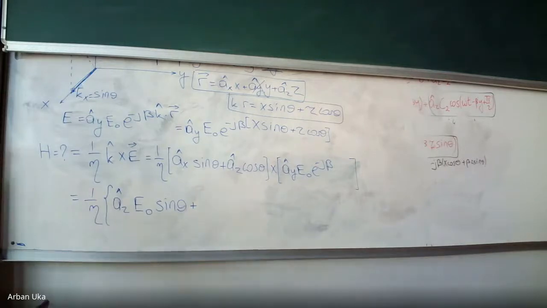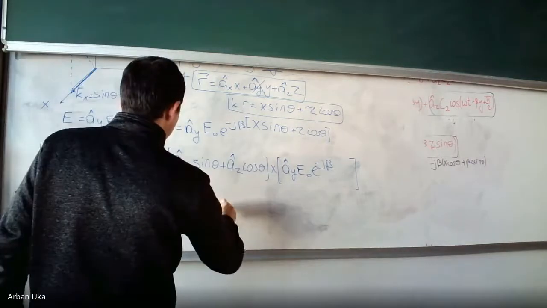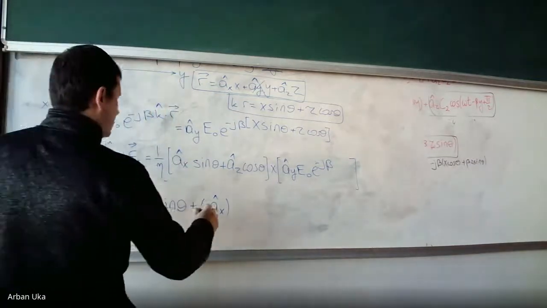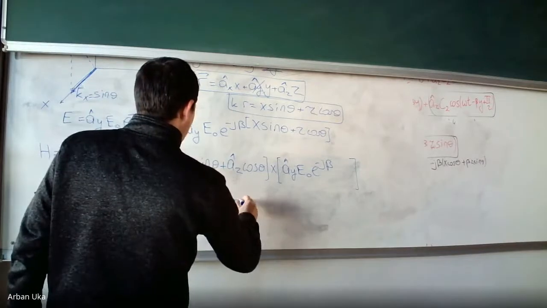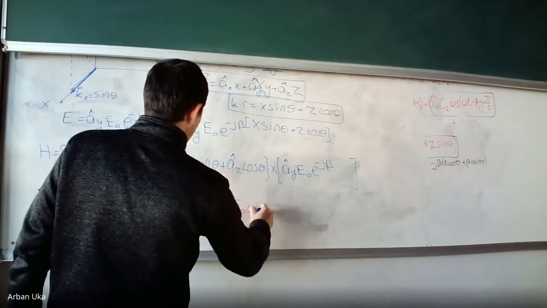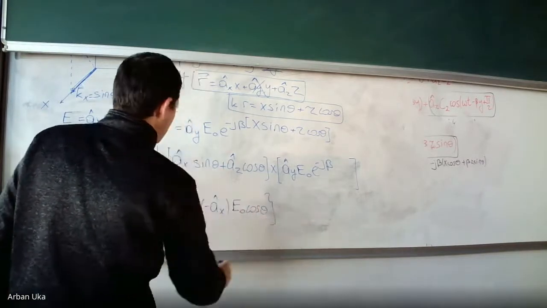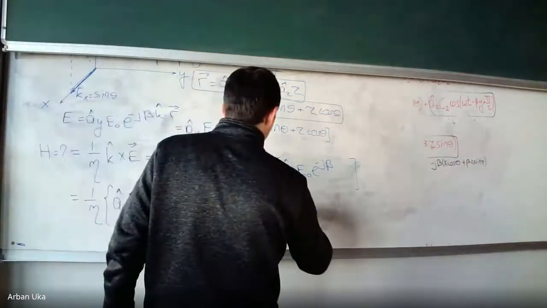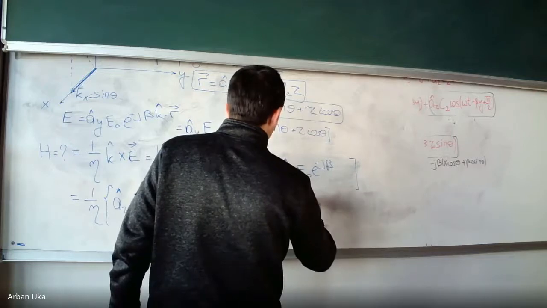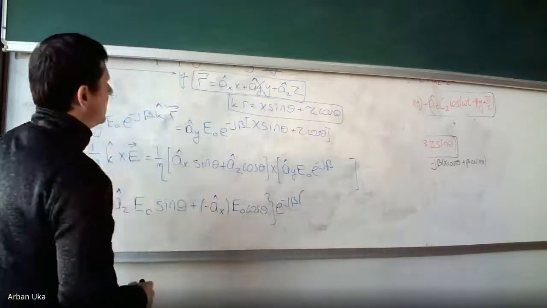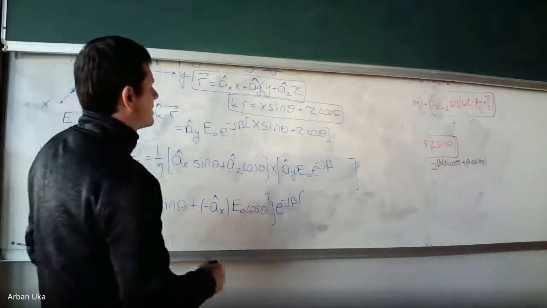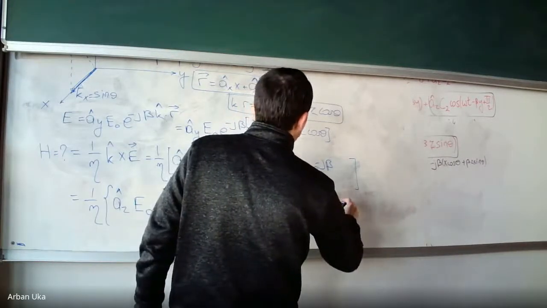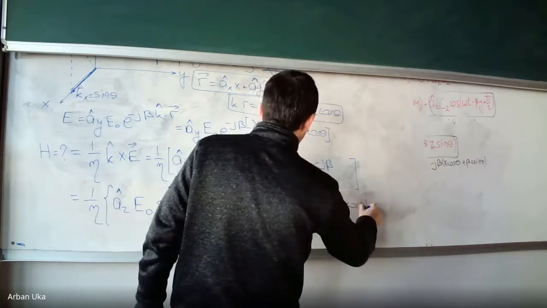It's minus ax times E0 cosine theta. And then to this whole term, we multiply with the e to the power minus j beta, and then we have x sine theta plus z cosine theta.